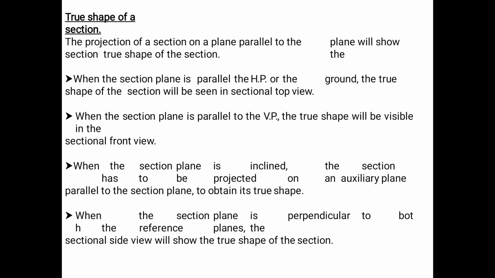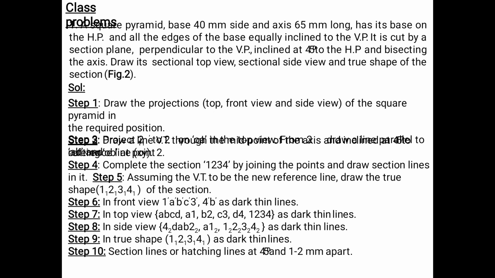When the section plane is inclined, the section has to be projected on an auxiliary plane parallel to the section plane to obtain its true shape. When the section plane is perpendicular to both the reference planes, the sectional side view will show the true shape of the section. First, this is one model problem.